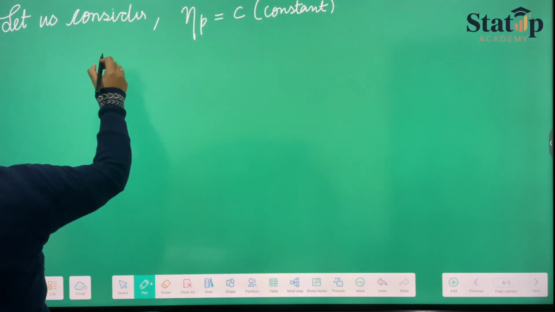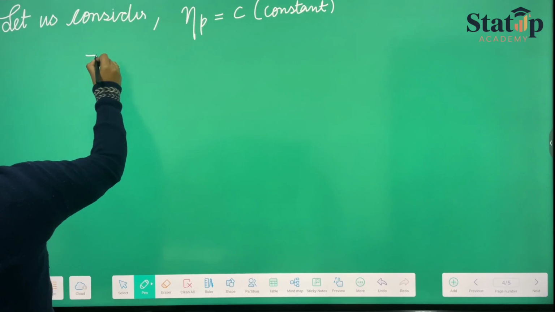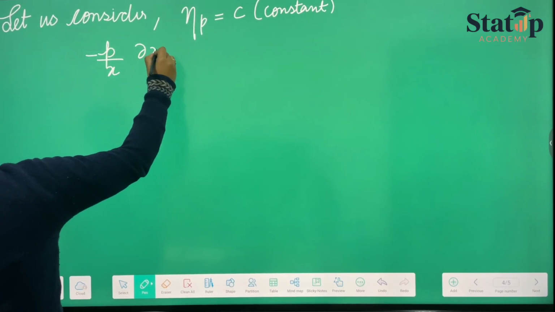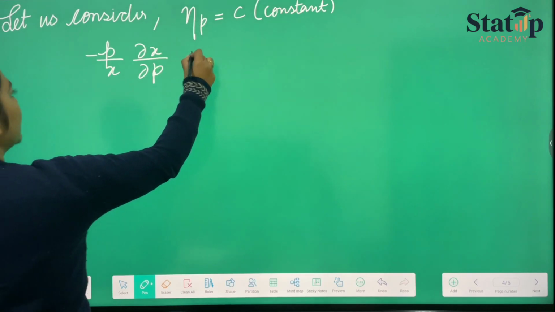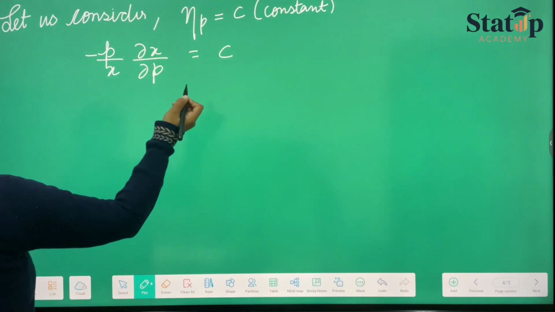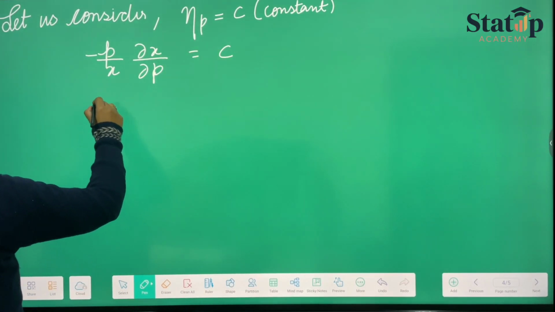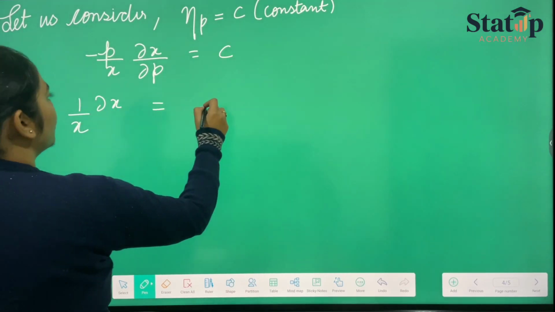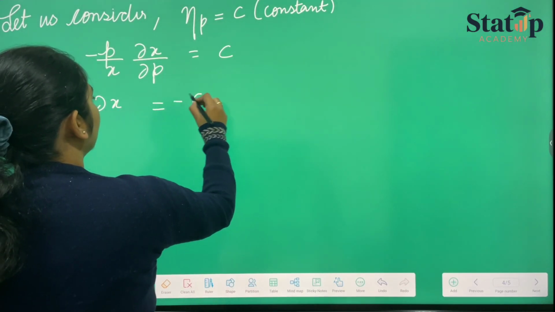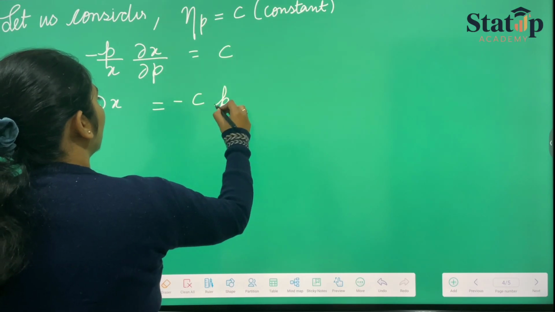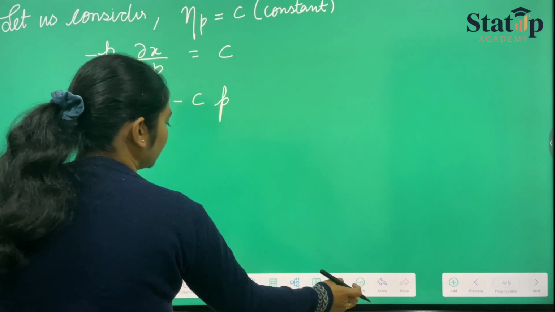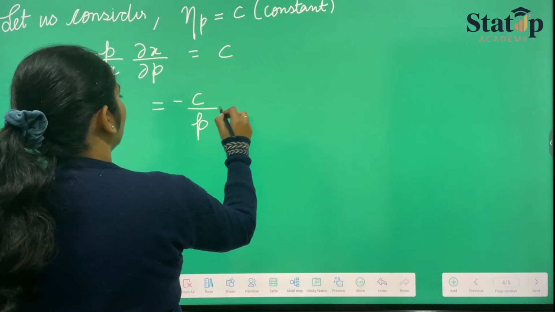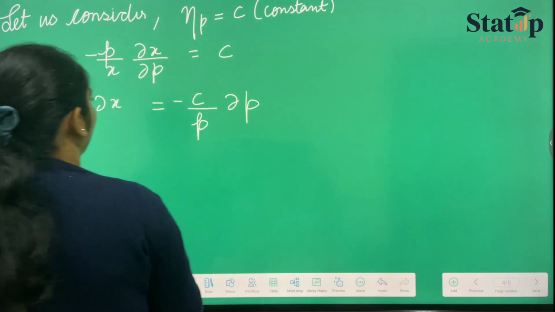Now putting in the formula for eta P, minus P upon X into delta X upon delta P equals c. Now rearranging the terms, we will get delta X into 1 upon X equals minus c upon P into delta P.